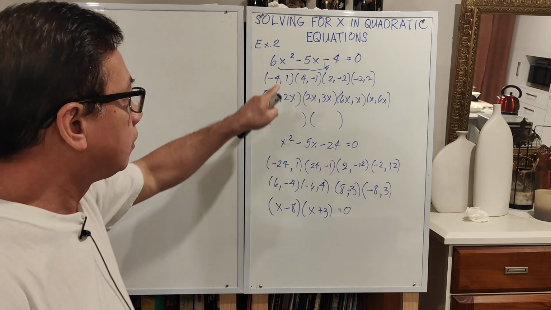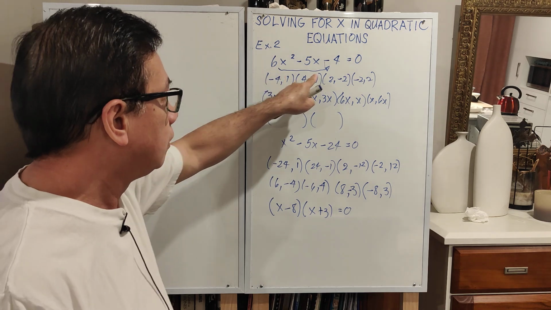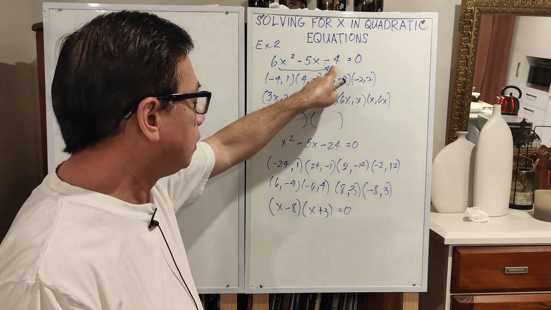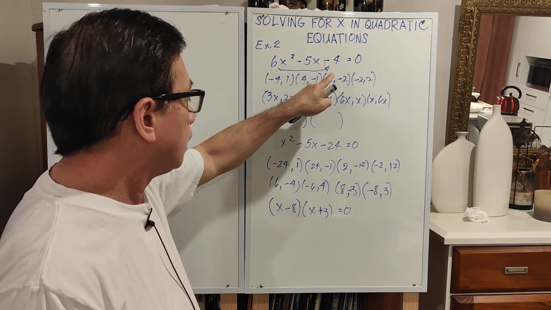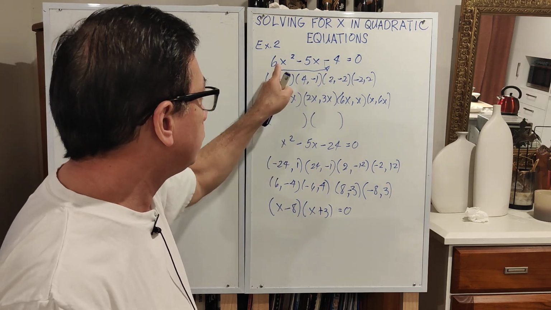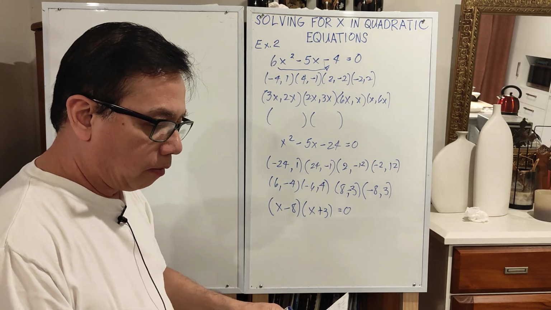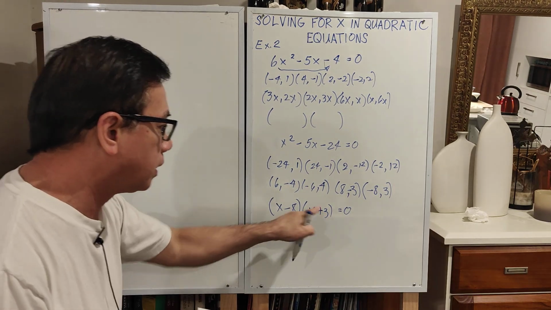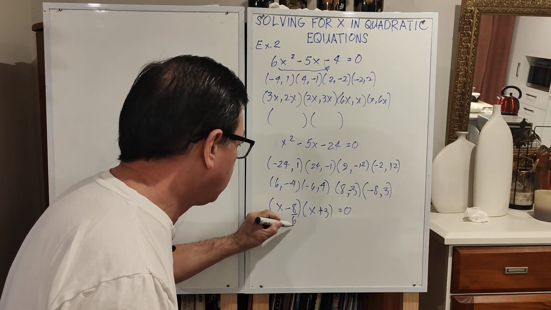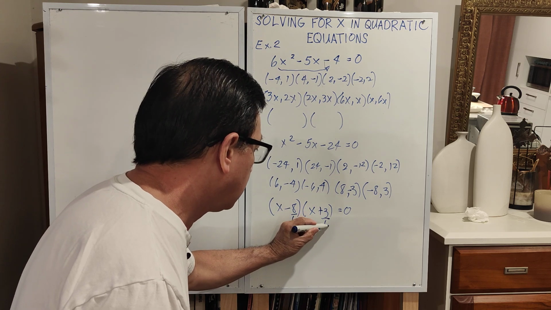Now remember, we removed the 6 before to move it to 4. So we multiplied 4 by 6, so we have to divide both of them by 6 because we multiplied 6 on them.